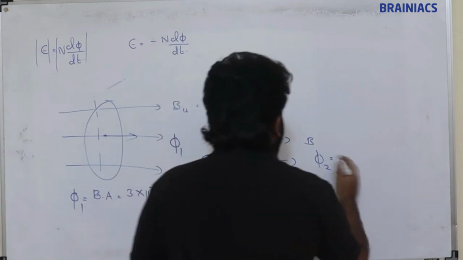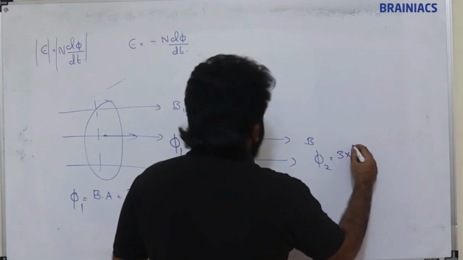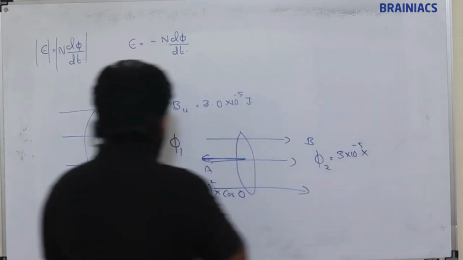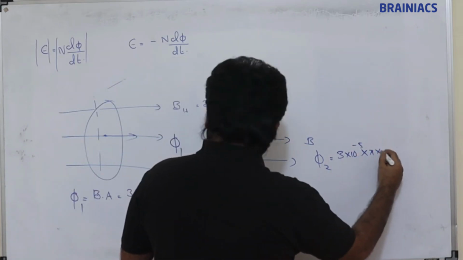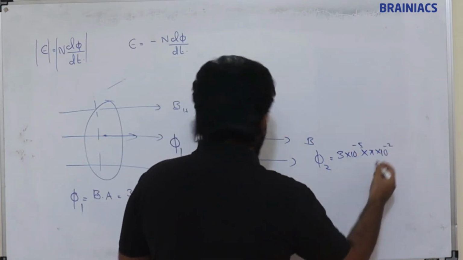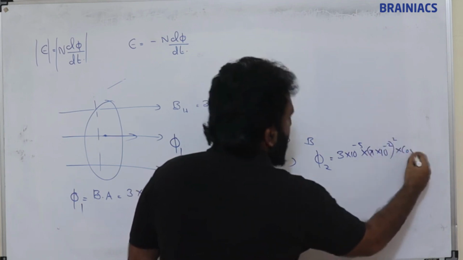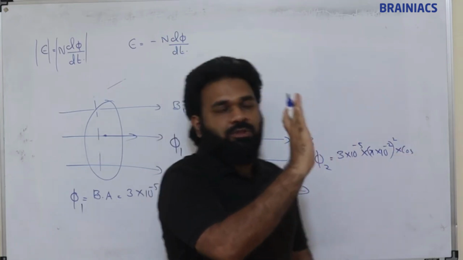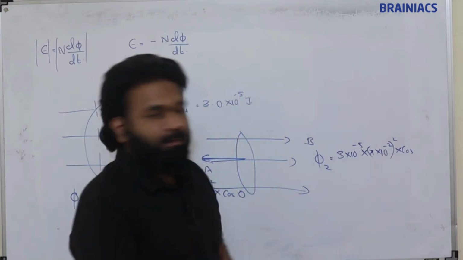Phi2 can be written again with the same magnetic field, 3 into 10 raised to minus 5, into the same area, pi into 10 raised to minus 2 the whole square, into cos. This was in this position, now it is rotated like this. So cos 180 degrees.